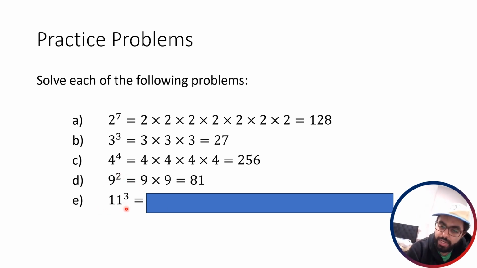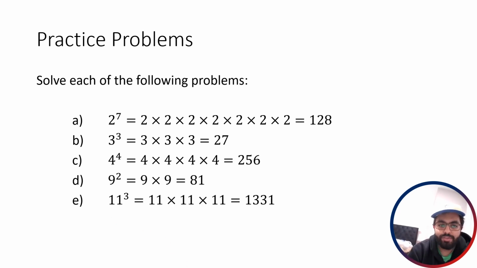And then the last one, you guys might need to do some long multiplication to figure this one out, because 11 cubed, or 11 to the power 3, or 11 to the exponent 3, that's 11 times 11 times 11. So if you know your perfect squares, your number times itself, your square numbers, then 11 squared, 11 times 11 is 121.